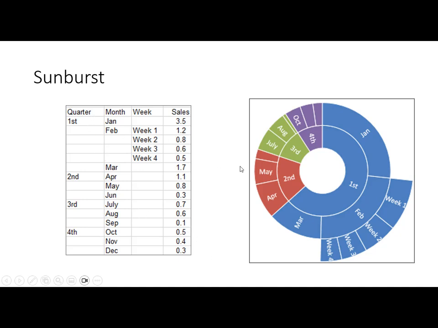You will see that the inside circle is for the quarter, the one outside is for months, and the last circle here is for weeks.